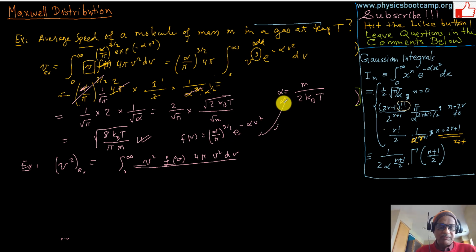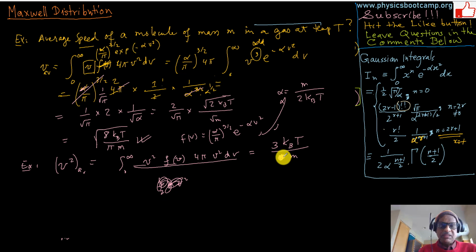Alpha is that. So doing this integral gave us actually 3 kBT over m. I think there's no pi there.